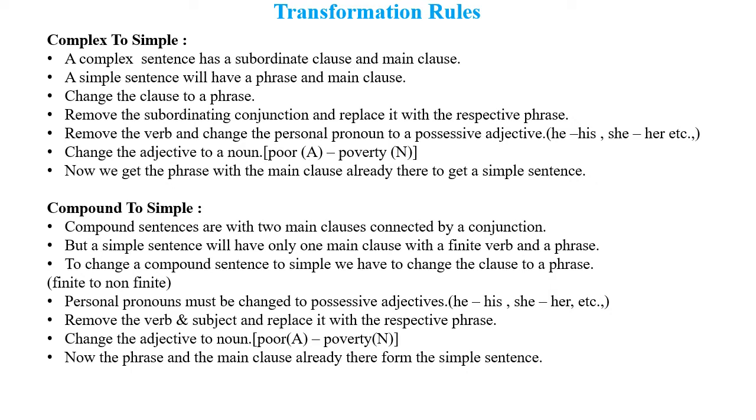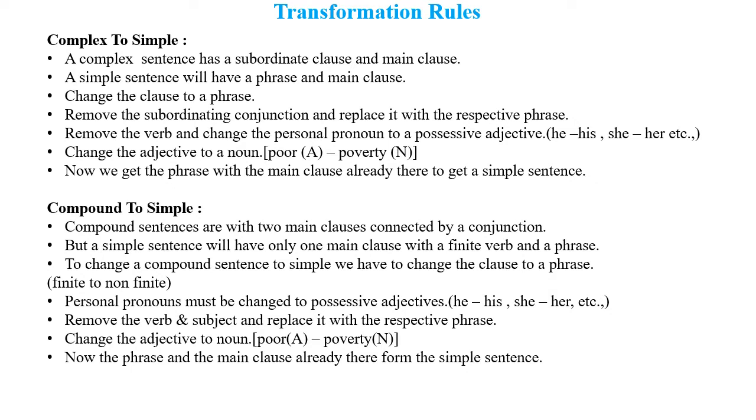First, complex to simple. A complex sentence has a subordinate clause and a main clause. A simple sentence will have a phrase and a main clause. Now we shall change the clause, with subject and verb, into a phrase without subject and verb. Remove the subordinating conjunction and replace it with the respective phrase according to the type of the sentence.